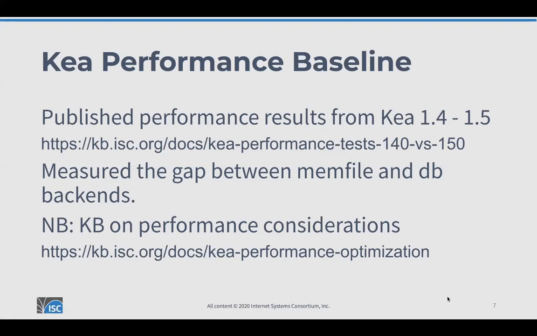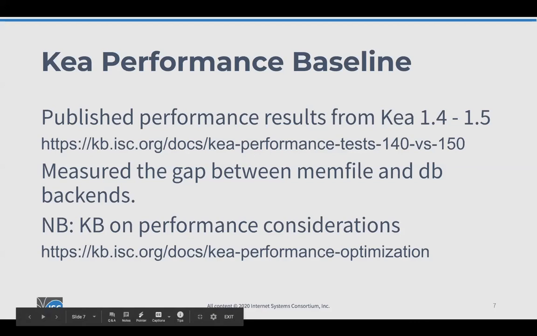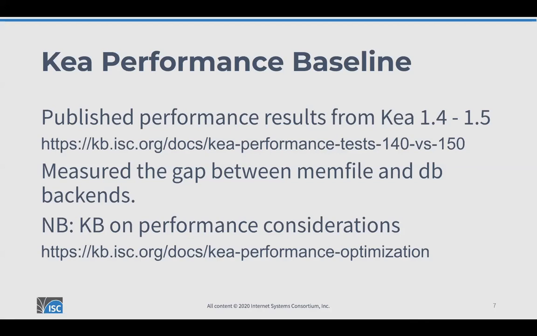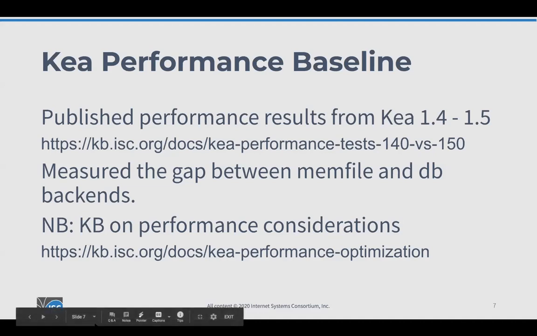So let me start with pointing out 2 KB articles we already published. One is about a Kea performance test for version 1.4 and 1.5. Those numbers can't be directly compared with the numbers I will be presenting today, because we used different hardware and completely different testing methodology.